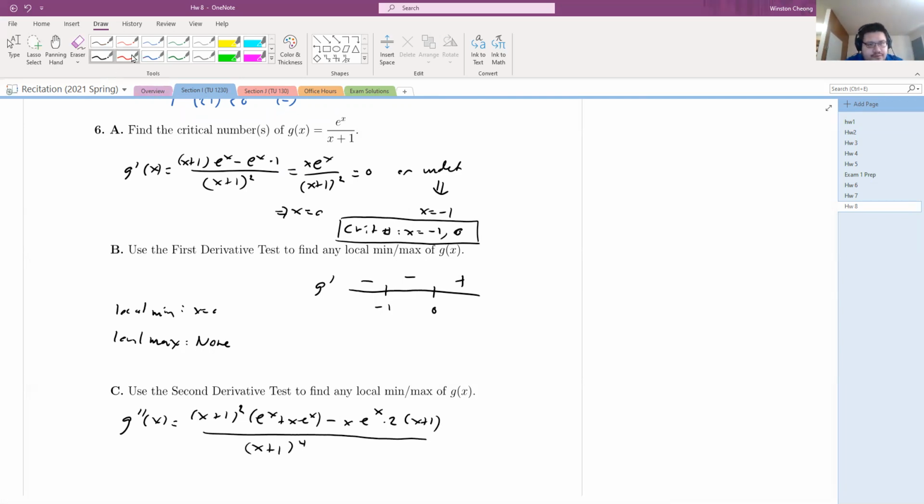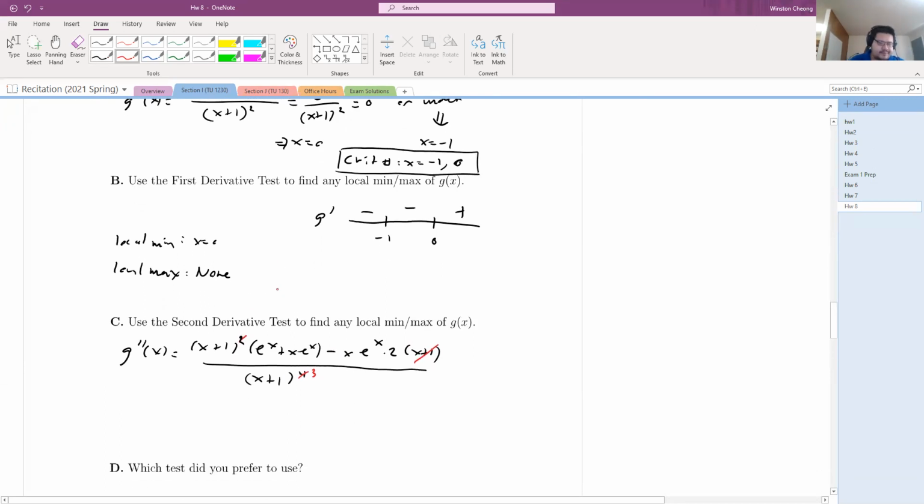One thing we can do is reduce the power just a little bit, so I can turn this into a 3. I would prefer to clean this up even more. Maybe I'll skip the algebra and just tell you what this ends up being.